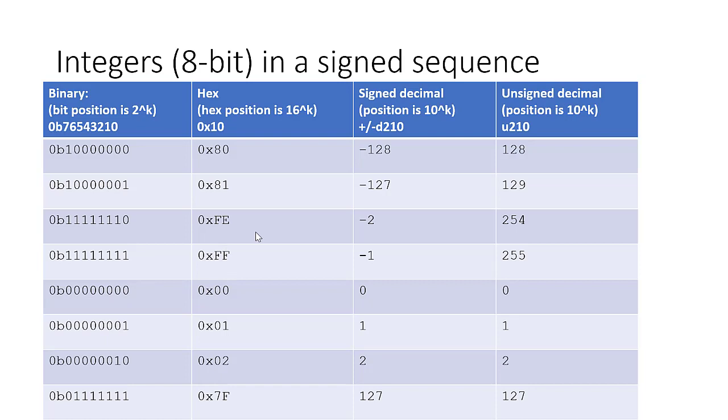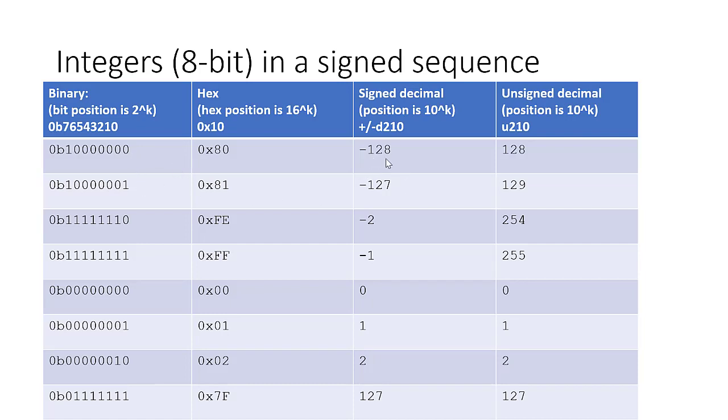And then just taking that thought process even further backwards, foxtrot echo, if I were to add 1 to that, that's my -2. If I add 1 to that, I do get -1. And then I just keep working backwards until I get to the very beginning of the signed sequence, which is going to be hex 80, or the 1 there with all zeros, and then I start adding 1 to it.